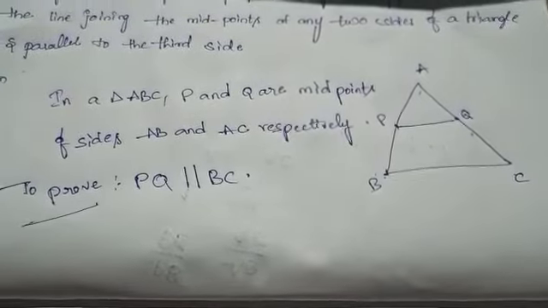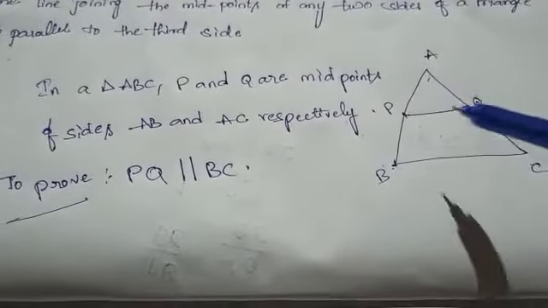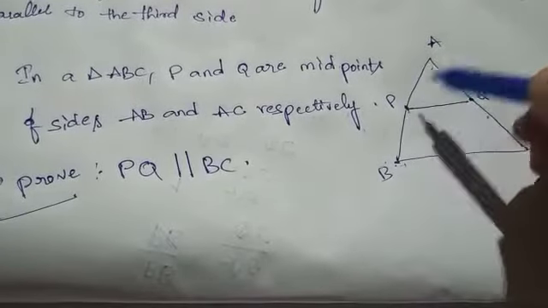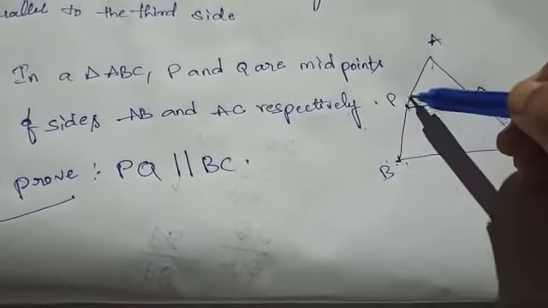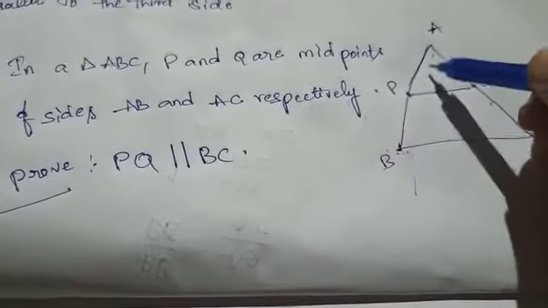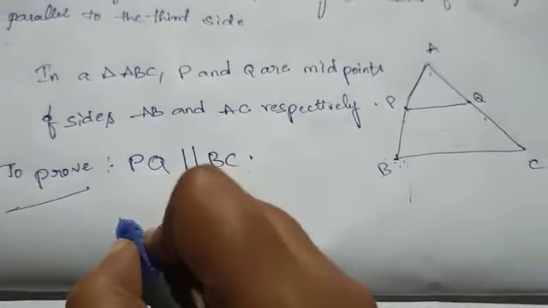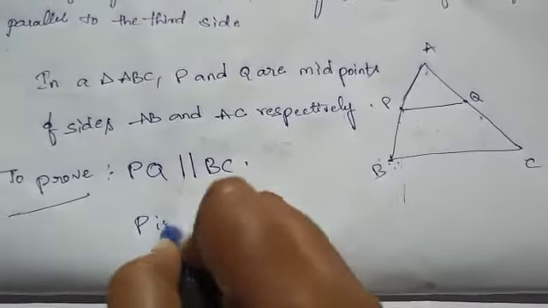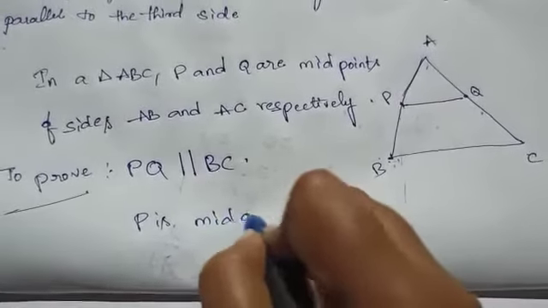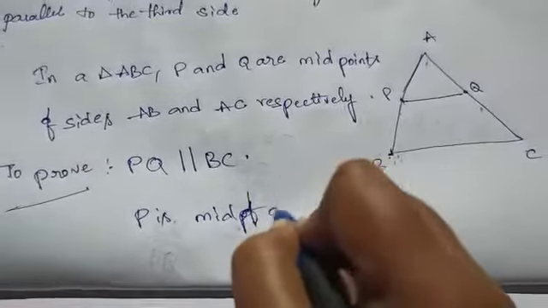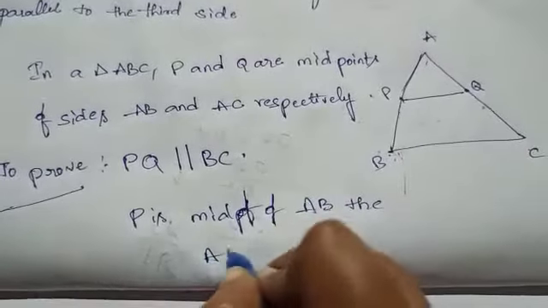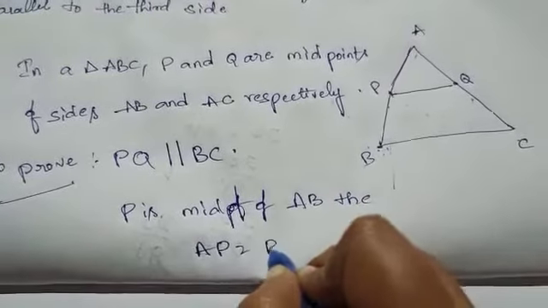See, P is the midpoint of AB. Midpoint divides a line segment into equal parts. AP equal to PB. P is midpoint of AB, then AP equal to BP.